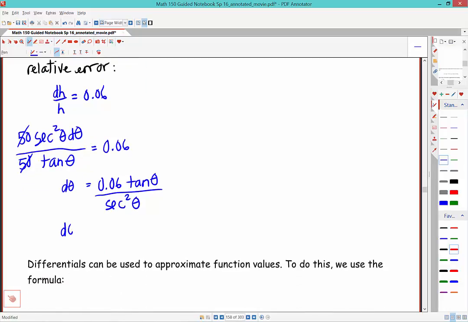Which gives us d theta is 0.06 times sine theta over cosine theta for the tangent function, and then times cosine squared theta over 1, because remember secant squared theta is 1 over cosine squared theta. And so we can divide out one factor of cosine theta. And so we'll get d theta is equal to 0.06 times sine theta times cosine theta.